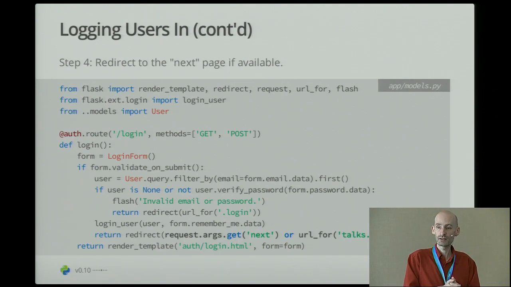After you're logged in, if there was an original page you wanted to visit, it would be better to redirect to that page so that you don't have to type the URL again. The way you obtain that page is from the request object. This is one of the context globals that I mentioned at the very beginning of the talk. So you can say request.args.get('next'). And next is a query string in the URL, so that's how it looks in the browser.